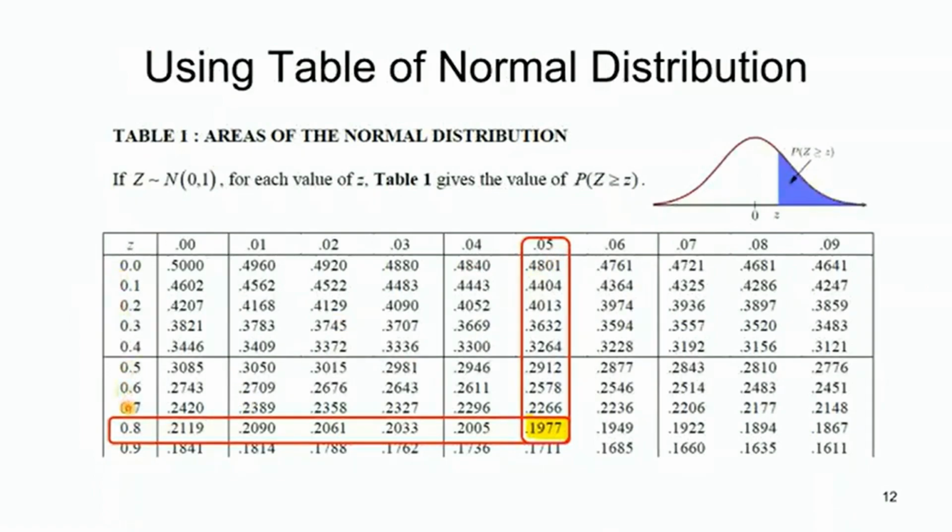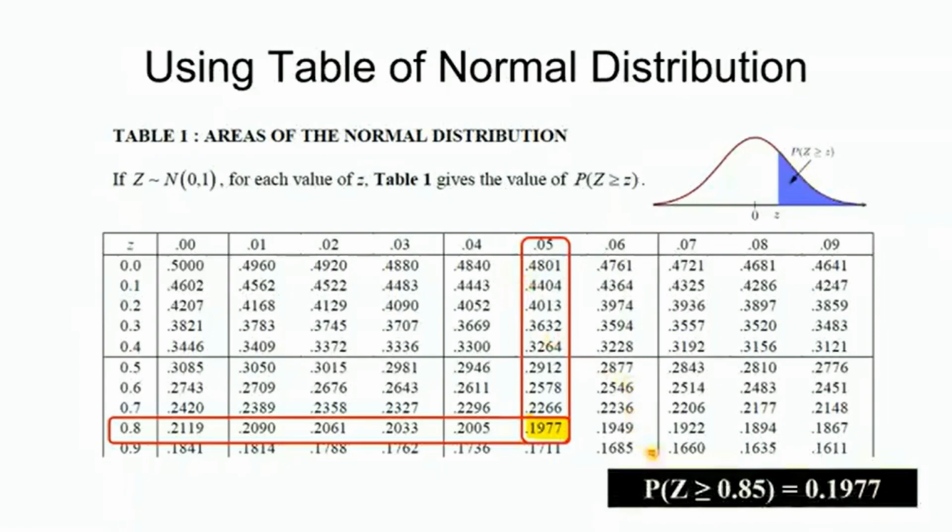The first digits are in the first column and the second decimal comes from the first row. If you find the intersection of these two lines, the intersection is 0.1977. This is the value of the area for Z more than 0.85, like this area on the right side, and this table is already prepared for positive values of Z. You can have a look at the result.